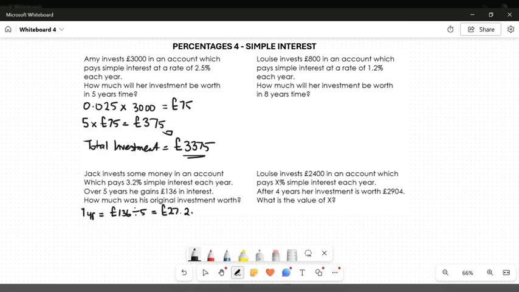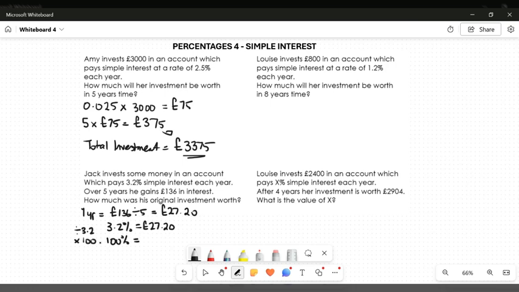Now that, remember, is 3.2% of the original investment. So 3.2% equals £27.20. We want to know what 100% is, because that would be the original investment. So, like we've done before, we're going to use the unitary method. We're going to divide by 3.2, and then multiply by 100.